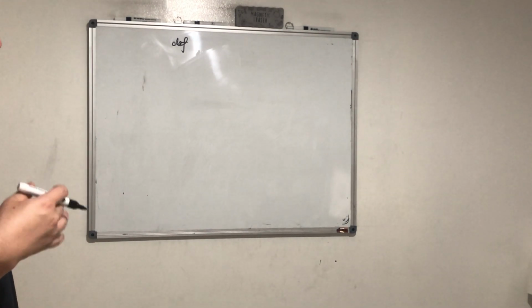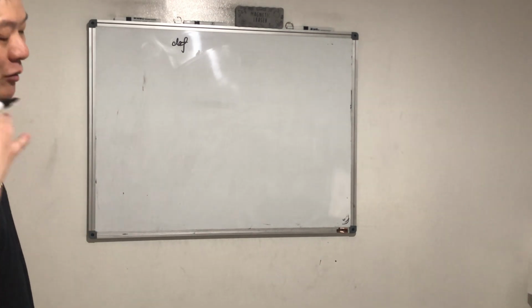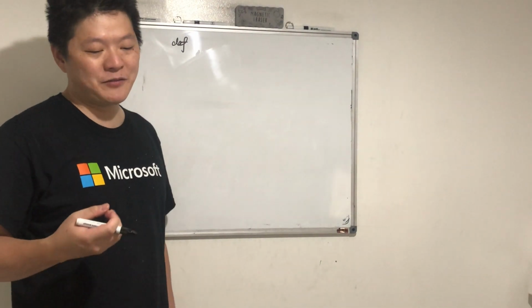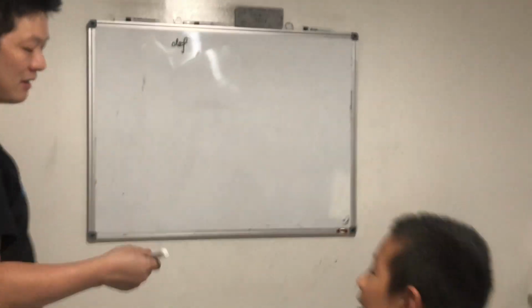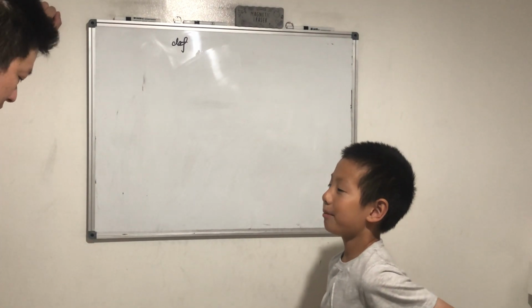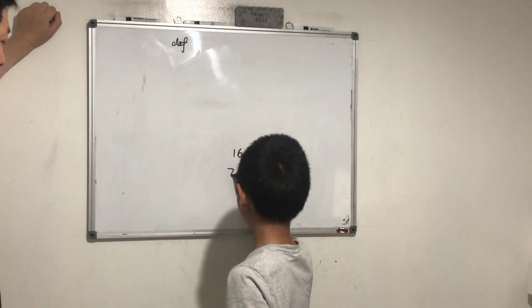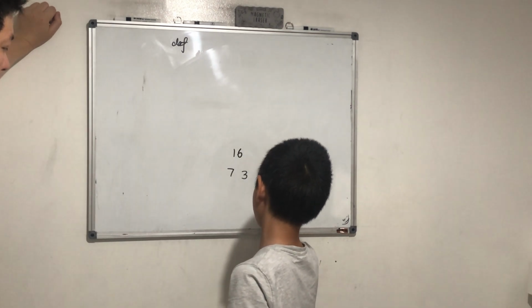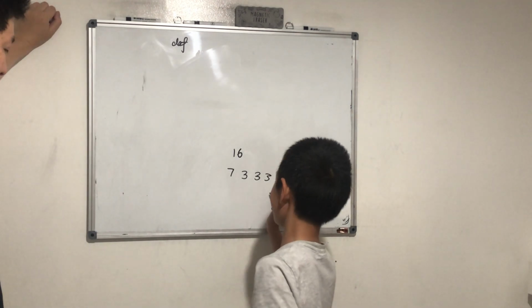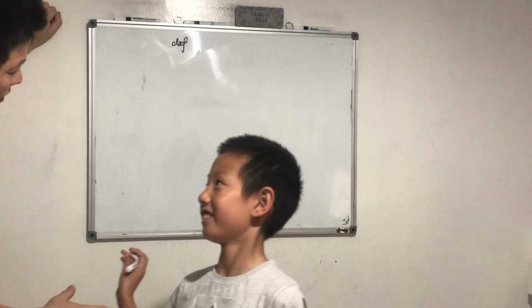So we want to find the multiple of 3. Example of 16: the answer is 7, 3, 3, 3, right? And you can't do as many 7s as you can.